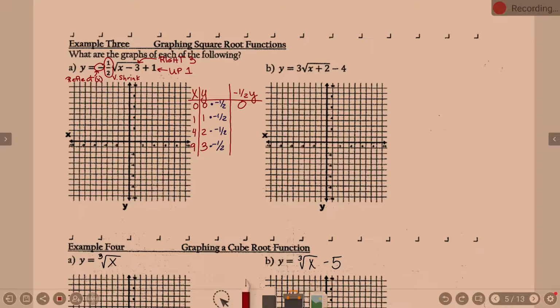When you multiply 1 times something, it stays what it is. So negative 1/2. The next y value of 2. What is 2 times negative 1/2? Half of 2 is 1. Positive times negative makes it negative 1.